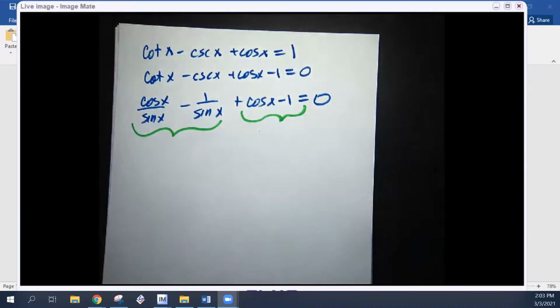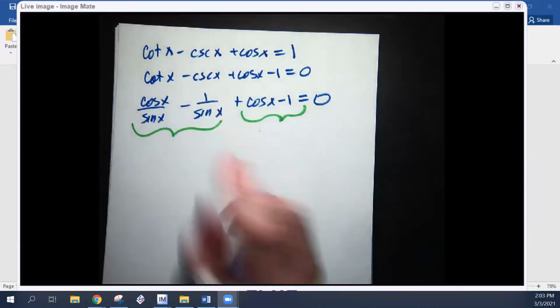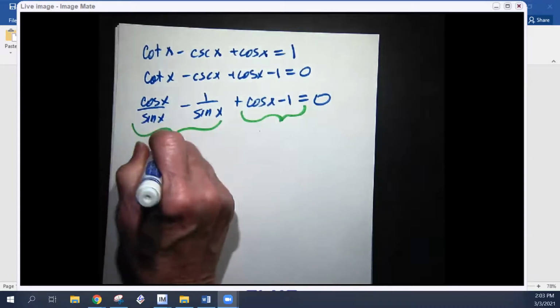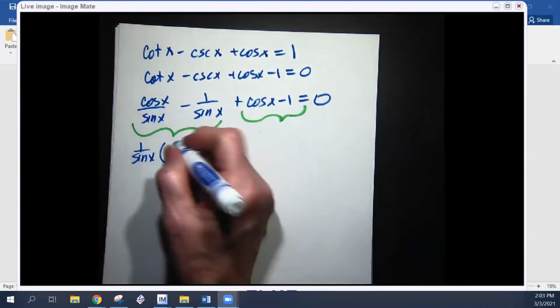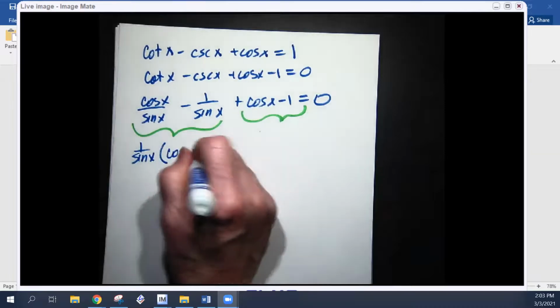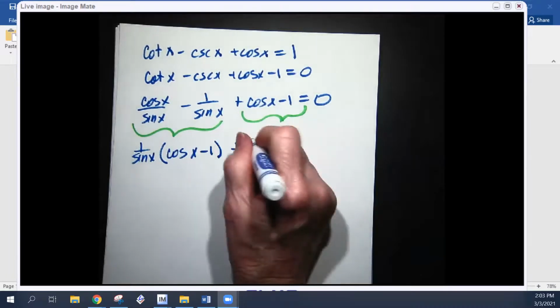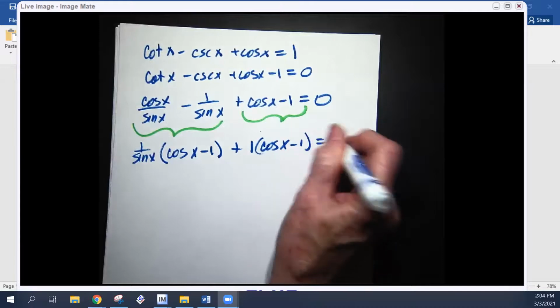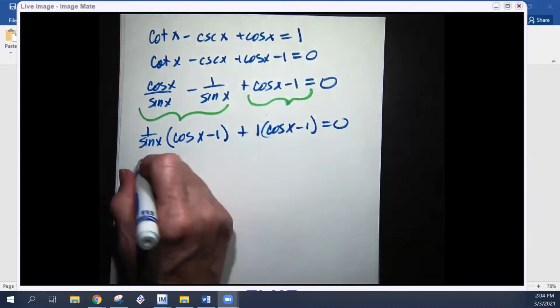What do the first two have in common? Cosecant x or 1 over sine x. So if I factor out, we'll do 1 over sine x for the people who aren't seeing this cosecant part. So that leaves me cosine x minus 1 plus 1 over cosine x minus 1. And then 1 over sine is cosecant.